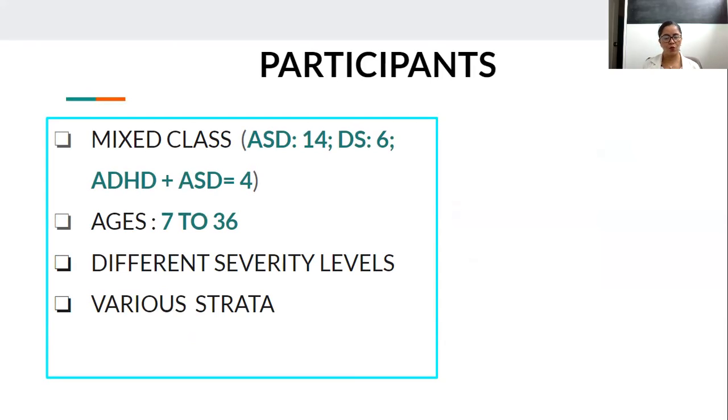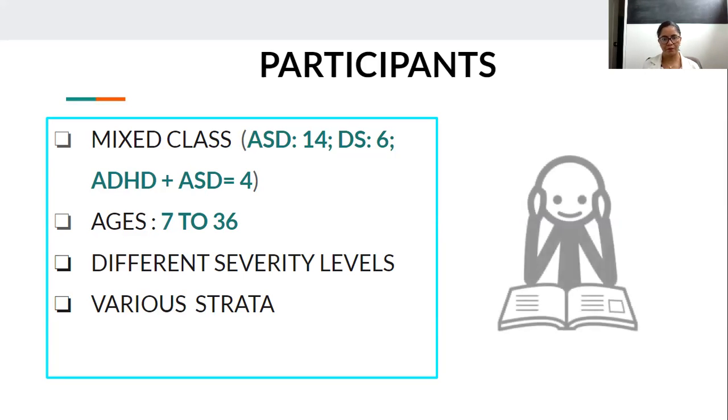The ages vary quite a lot. We have students from 7 to 36 years old, and we have different severity levels. By this, I mean that we have students who are nonverbal and very low functioning, and we also have students who are high functioning, and they come from various strata.